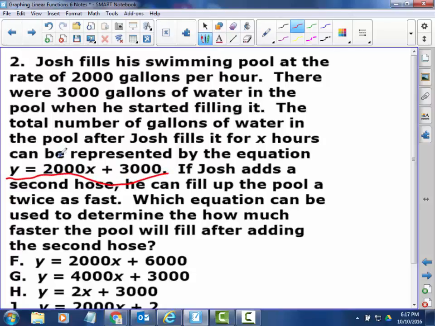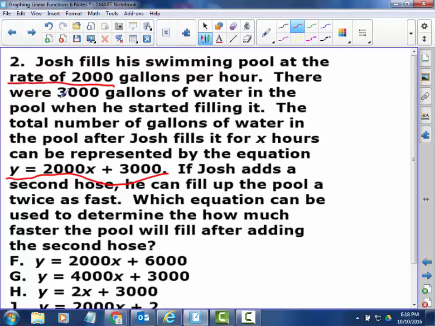Let's see. 2,000 is in front of x, which means it's our slope. If it's our slope, it's our rate. And right here, we're talking about a rate of 2,000 gallons per hour. Okay, so that makes sense. And then 3,000 is being added to our x term, and that means it's our y-intercept, and our y-intercept represents our starting amount, or the original value.